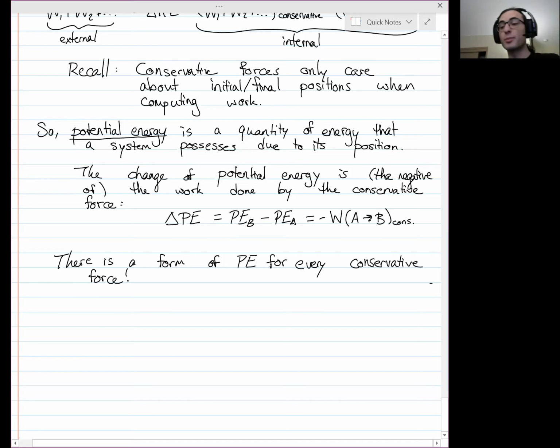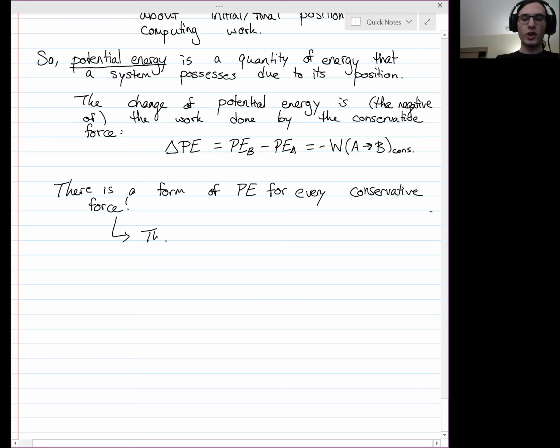So that means if there is some conservative force, you could figure out what that potential energy looks like, what the formula for it is. However, there is no potential energy for any non-conservative force.